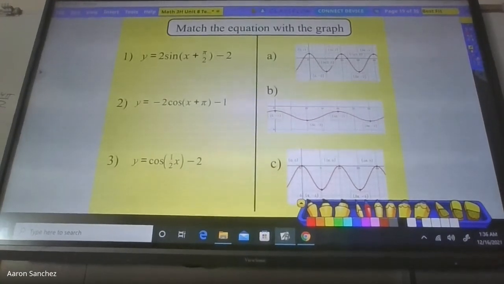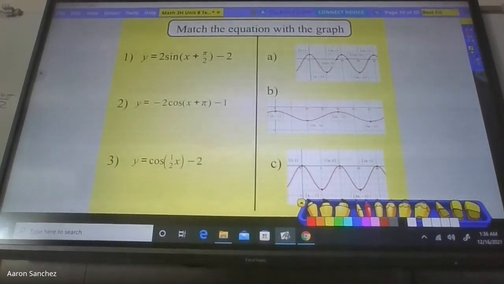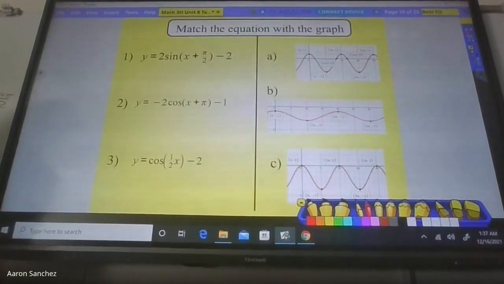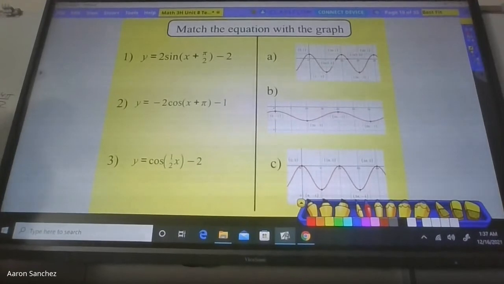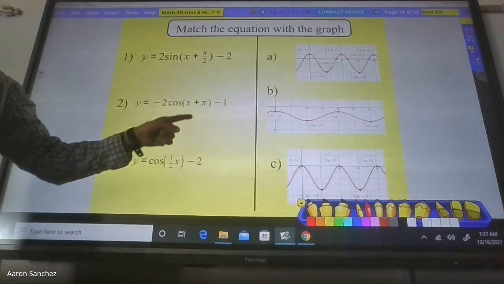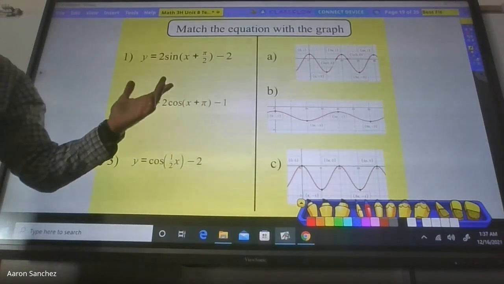All right, so let's do the easy stuff first, because you're looking at a graph, and you have to be able to match the graph with the function. To me, the easiest thing to look at is the k to help us identify it. Because what does a k do?